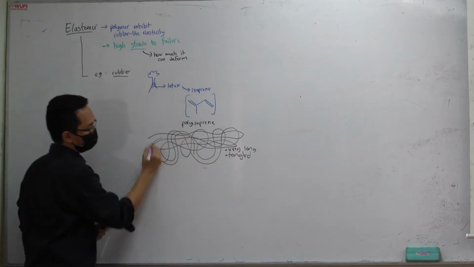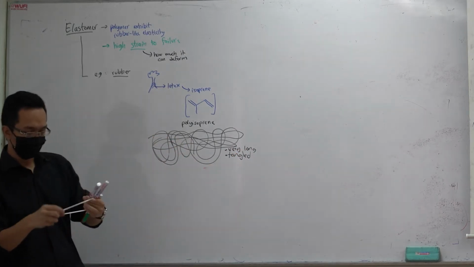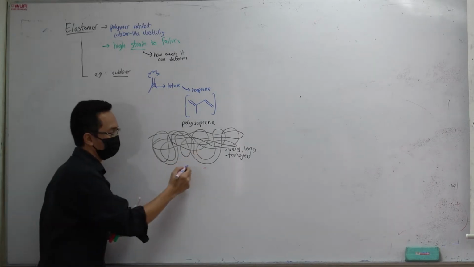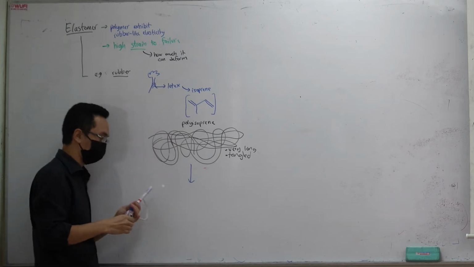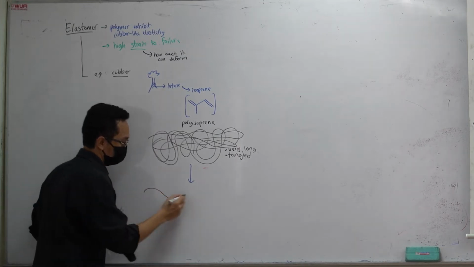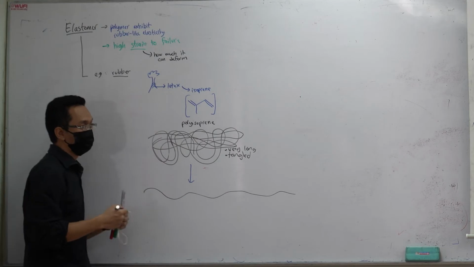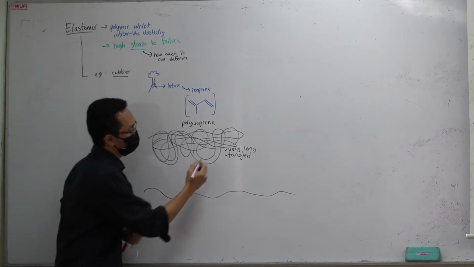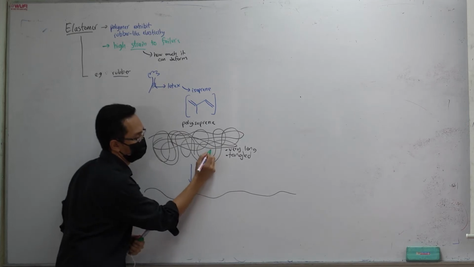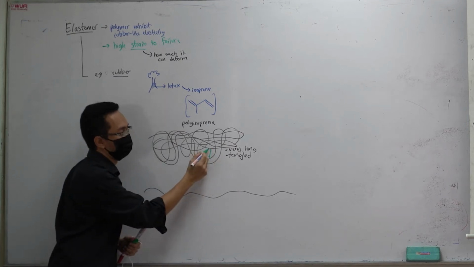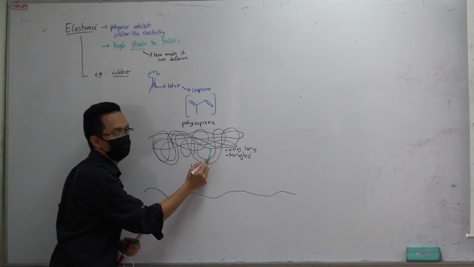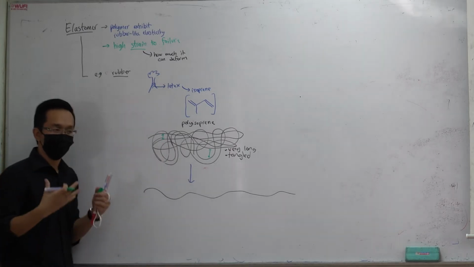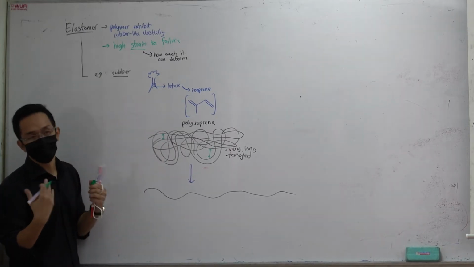So when you stretch the rubber band, it becomes untangled. The reason it can behave like this is that there are weak interactions between this chain and this chain. They are not covalent bonds at all.